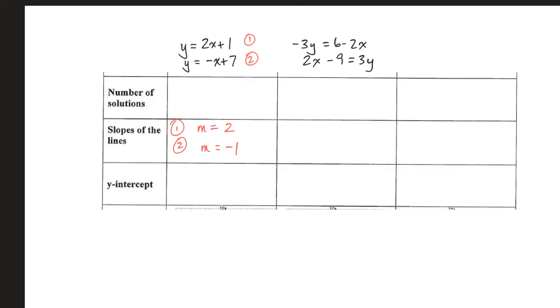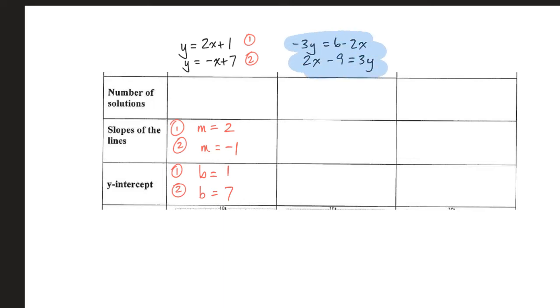I'm also hoping that we were pretty good at being able to come up with the y-intercepts of both. The y-intercept of the first, the y-intercept of the second, because we could read them from both. Okay, that should match up in our chart. However, now that we jump into column B, we notice that we cannot read those directly from the equation.